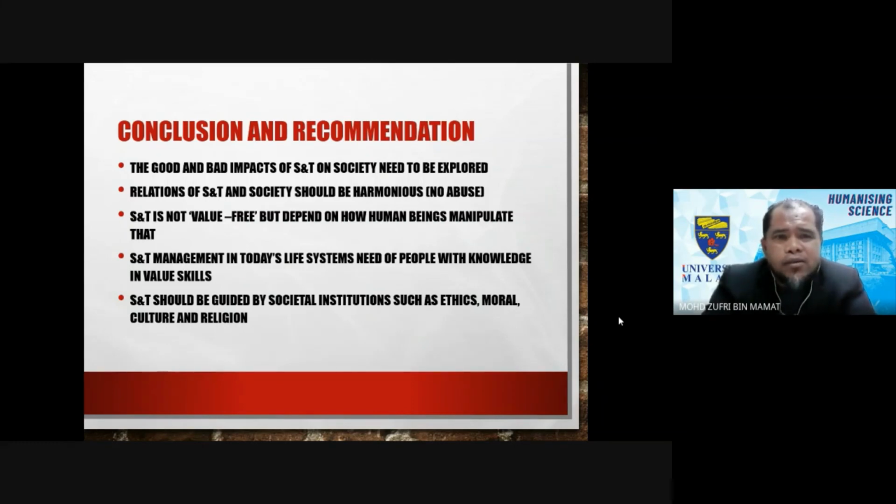Science and technology is not value free, but depends on how human beings manipulate or use science and technology. Science and technology management in today's life system needs people with knowledge in values and knowledge in skills and so on. So the last one, my suggestion is science and technology should be guided by societal institutions such as ethics, morals, culture, and religion.